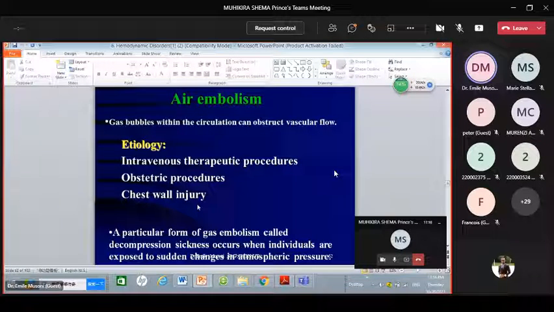Then there will be blood vessel disturbance, turbulence, and this will cause an embolus, a thrombus. That thrombus will migrate to the lung. Immediately there can be a sudden death. This can also occur in obstetric procedures. When you do a C-section, you have to protect the blood from outside.